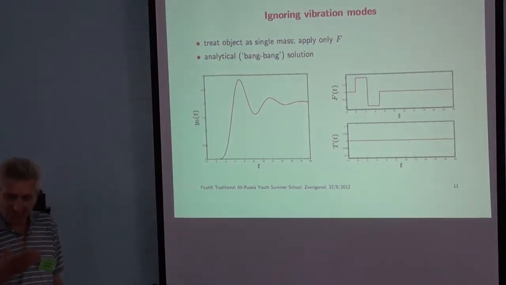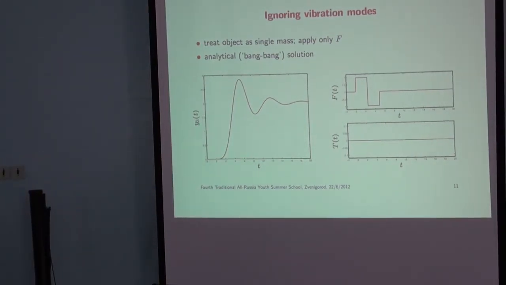So if you ignore the vibration modes, everybody knows how to move a mass from one place to another in minimum time. You apply a bang-bang control. You accelerate to the midpoint, reverse, and you brake. And you get this. But of course, with the vibration modes, you get this kind of thing.